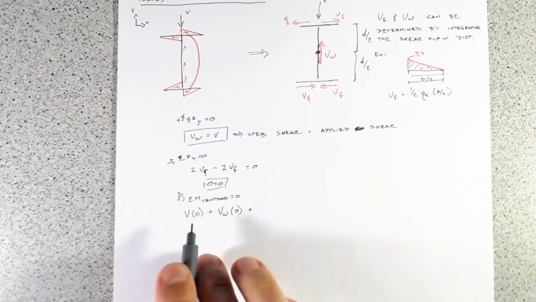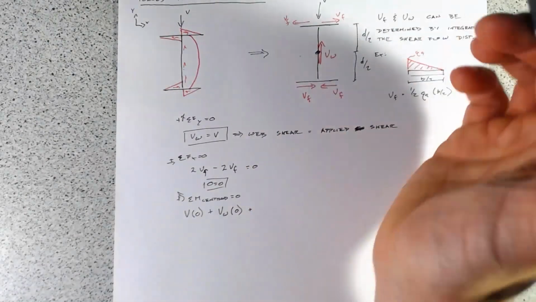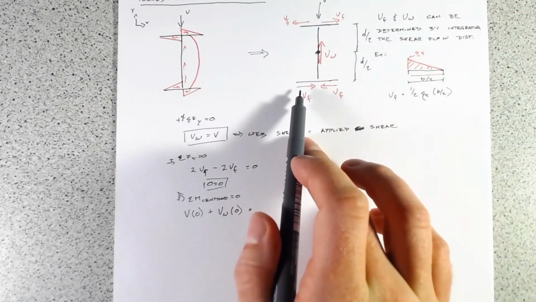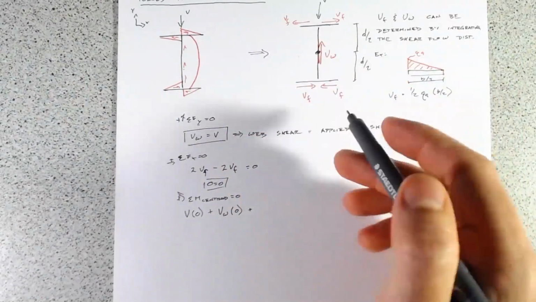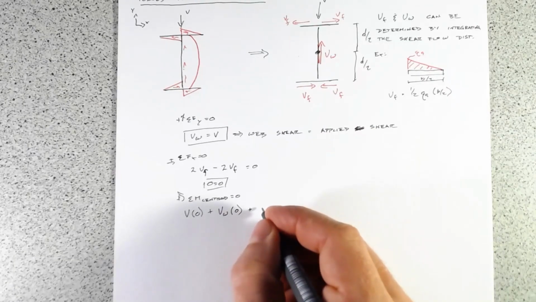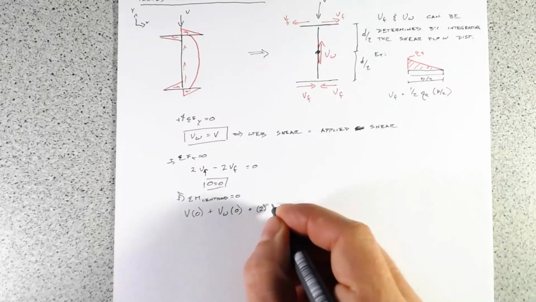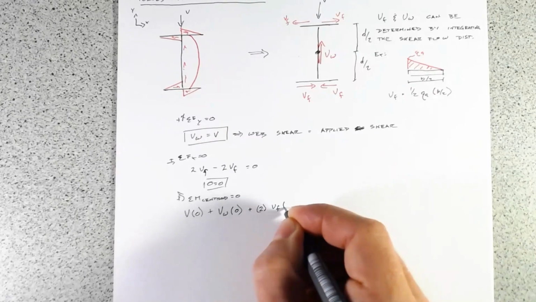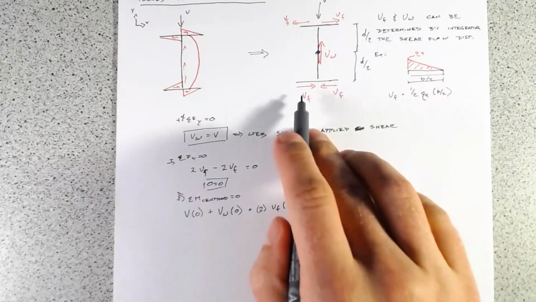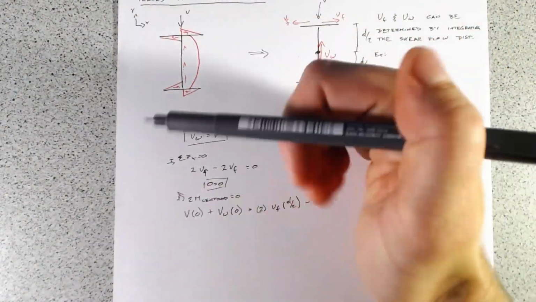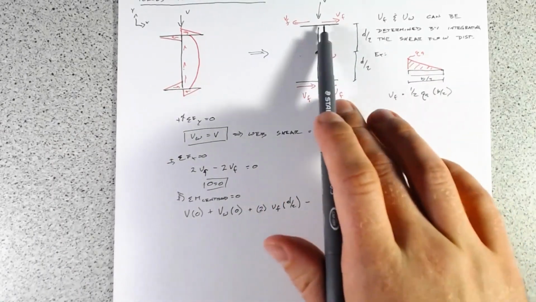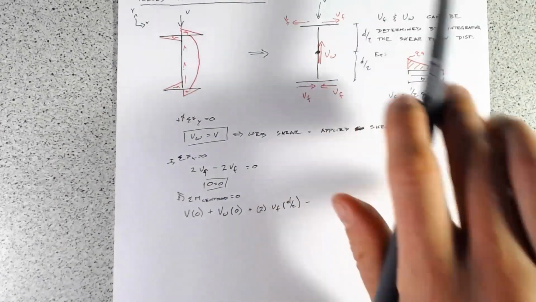Then we have plus V sub f times d over 2, and we have 2 of them, so plus 2 times V sub f times d over 2. If we use the right-hand rule, the 2 here and here are pushing us this way, and this one and this one are pulling us back.